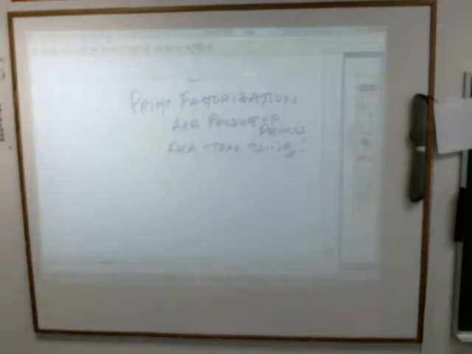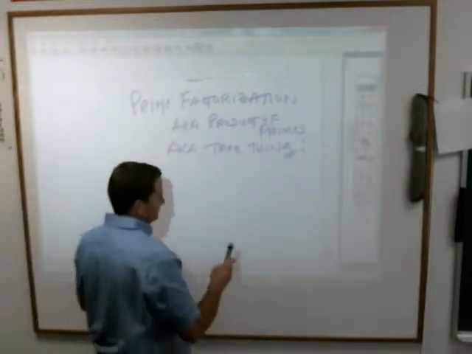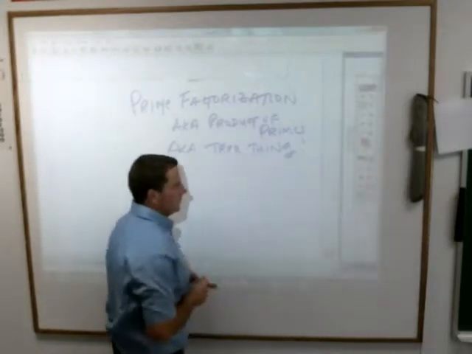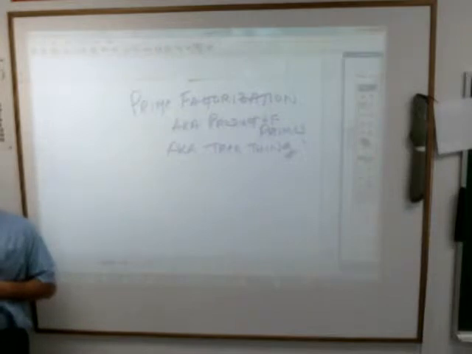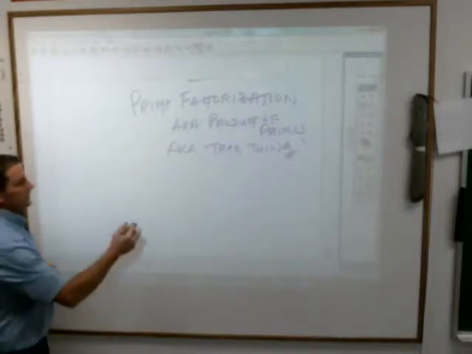Prime factorization, which is also known as product of primes, which is also known affectionately as the tree thing. You'll remember this from last year. There are two different ways to do this.